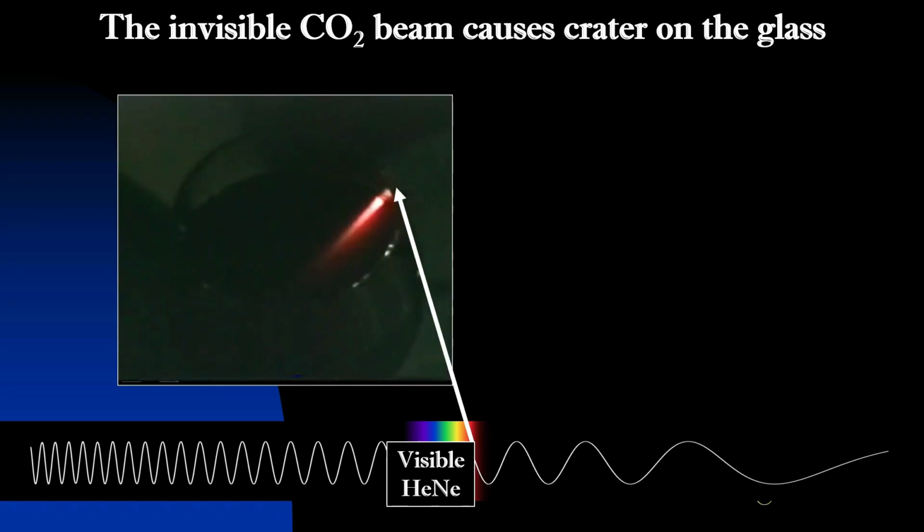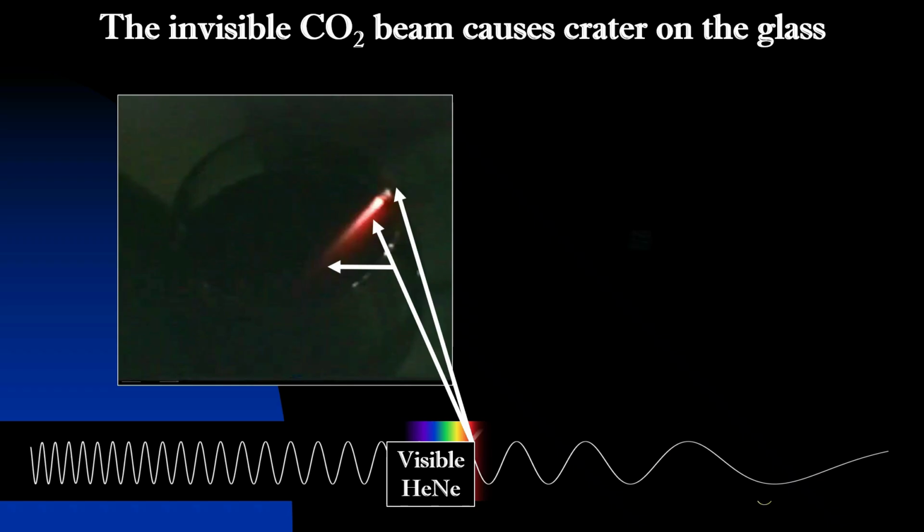Therefore, the Heine beam passes through the glass without interacting with it. When it strikes the wine, the molecules reflect the beam's path as seen in the video. The curvature of the goblet causes the beam to converge to a focal point.